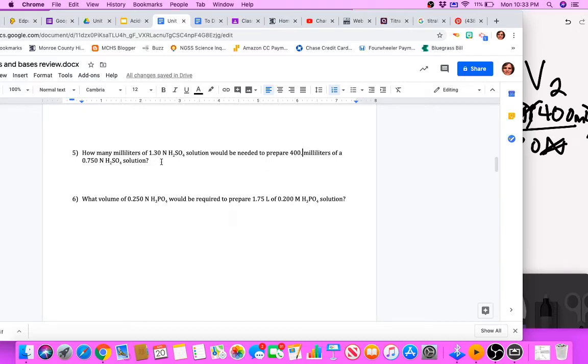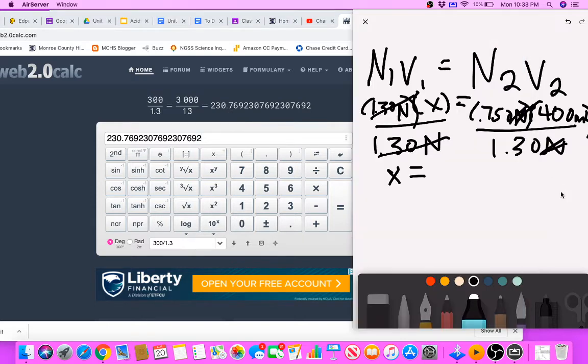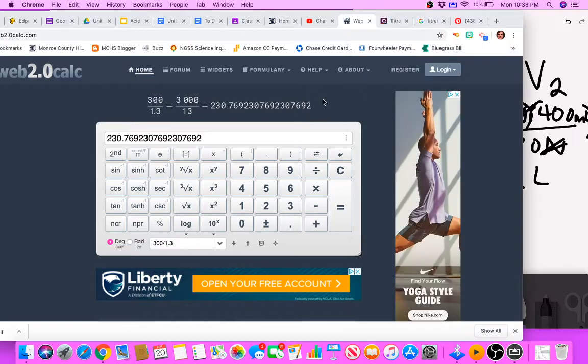With that decimal, all of these zeros are significant because they are zeros at the end of a number with a decimal. So all of these numbers have 3 significant digits, and we need to round our answer to 3 significant digits. So 230.7 rounds to 231. My final answer here is 231, and my unit is milliliters because that's the only thing that didn't cancel out.